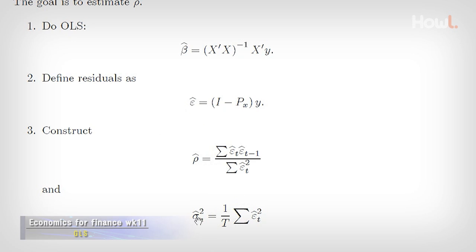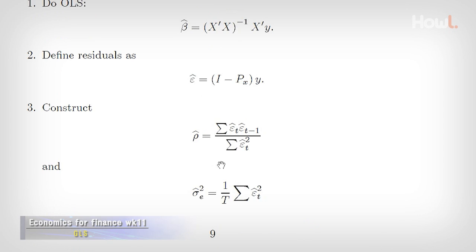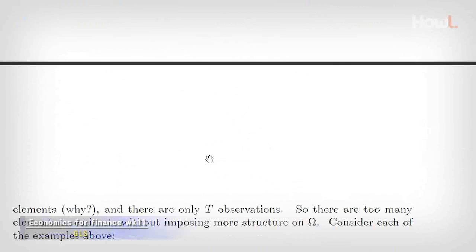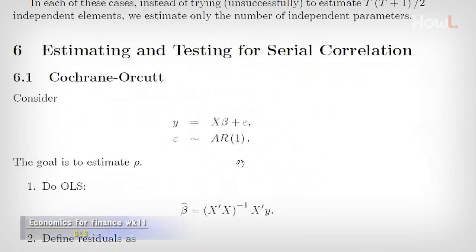And if we take this one and divide by T, then we have the variance of the white noise. So based on these two, we can estimate the parameters in the AR(1) process, following the Cochrane-Orcutt procedure.